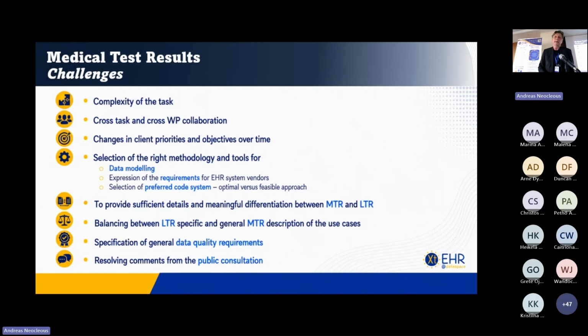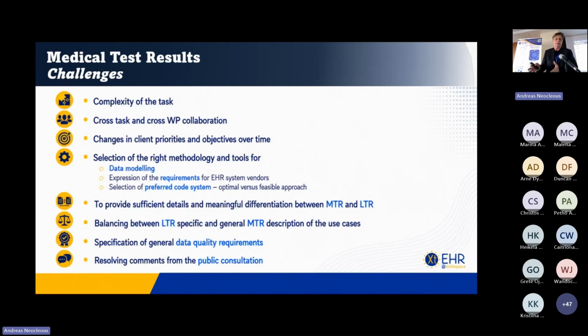Another problem was that we were asked to describe use cases. I mean, the priority categories that included medical test result and related reports. Medical test results could become part of many different types of reports, so we definitely couldn't describe them all.